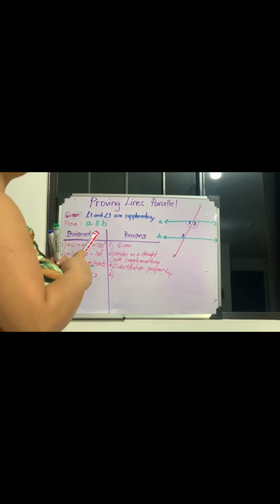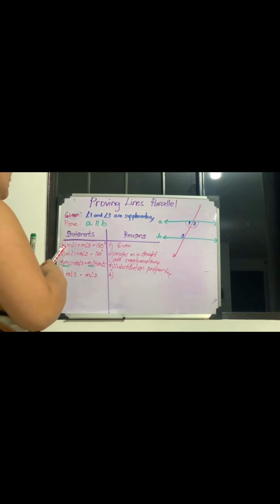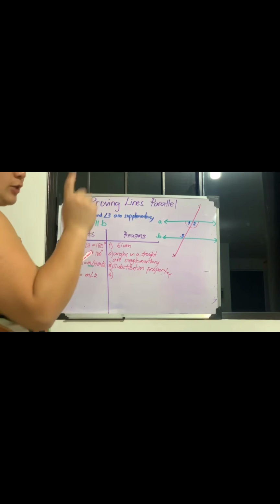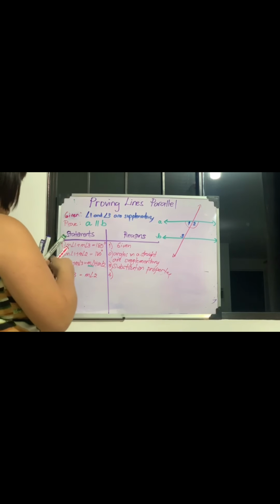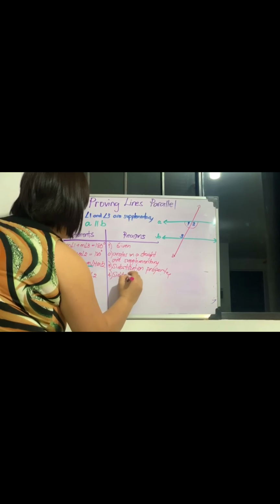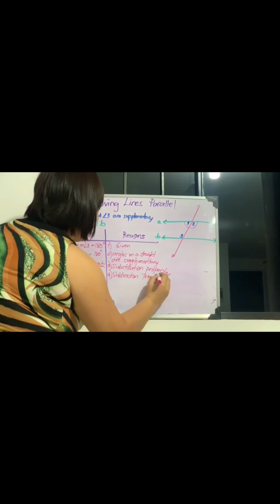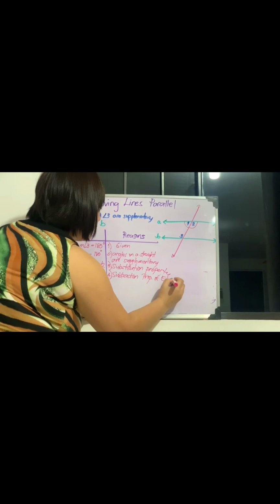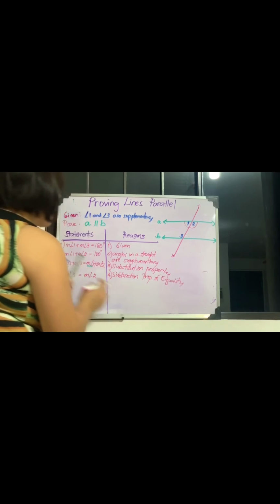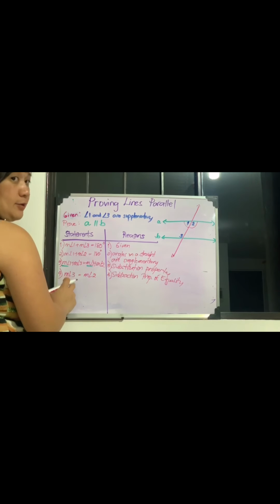But I could think of what might be a possible reason is that it can be subtraction property of equality, okay? It means whatever I subtract here, I can subtract here. So that's why I'm left with measure angle 3 is equal to measure angle 2.